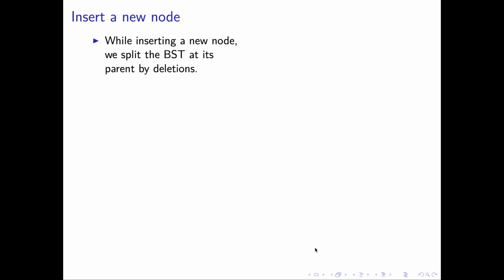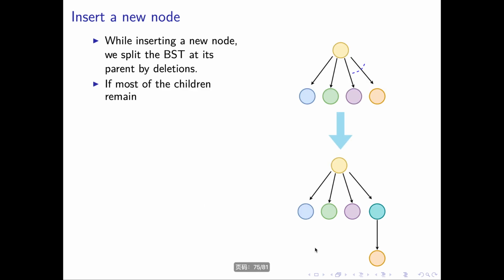When we actually insert a new node, some children of its parent become children of it. So we need to move these children from the BST of its parent to its own BST. If most of the children remain at the parent, which is the case drawn here, we do so by deleting each of those children which go to the new node from the BST and inserting them into the new BST.